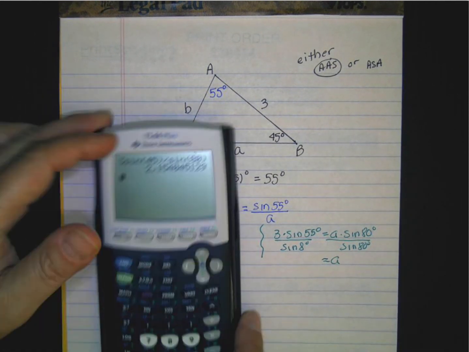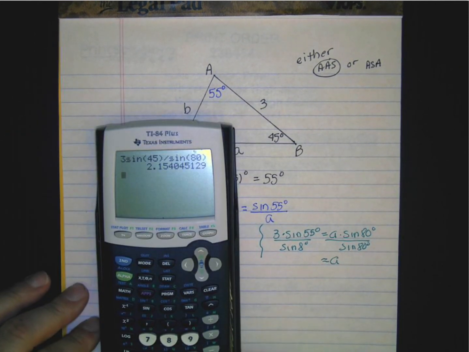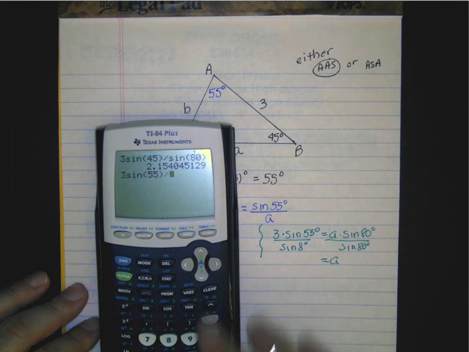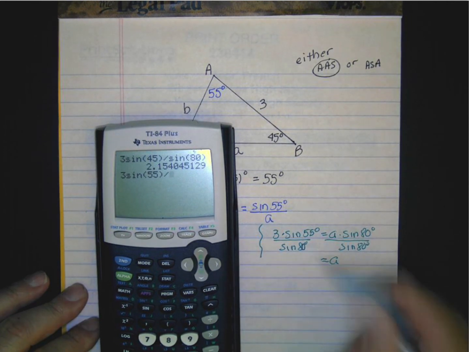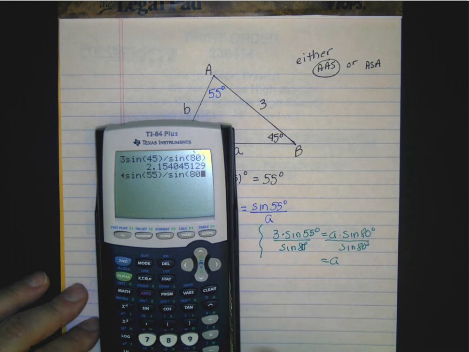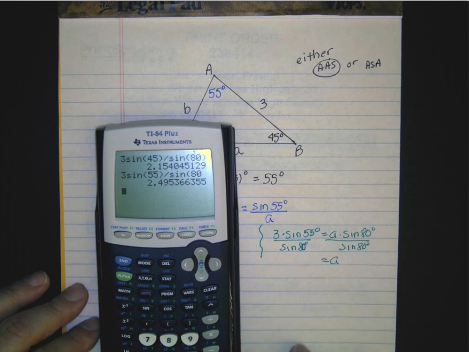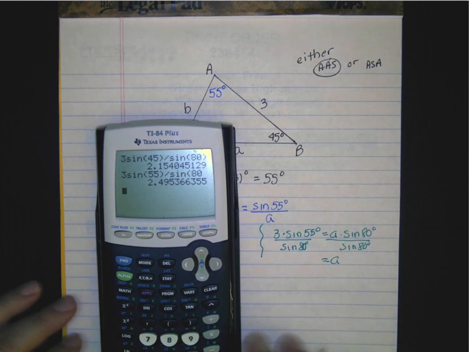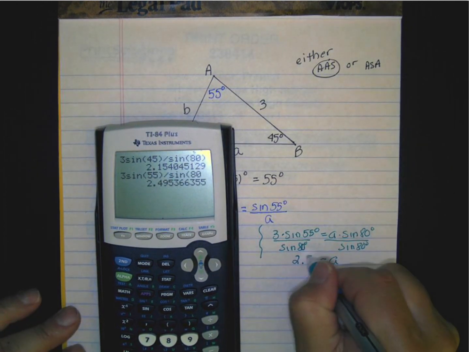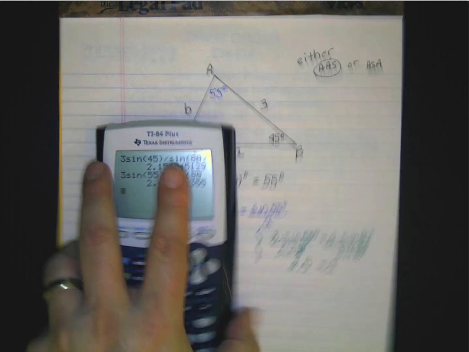So let's pop that in there: 3 sine 55 divided by sine of 80. About 2.5. And I've just solved the missing pieces for that triangle.